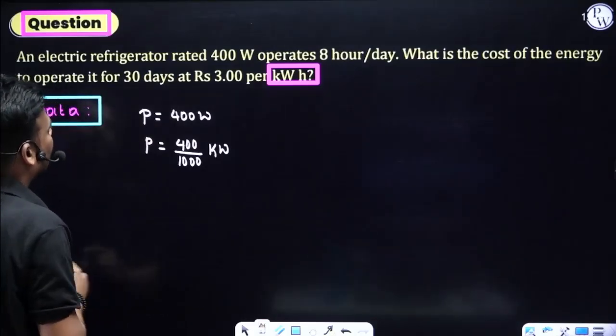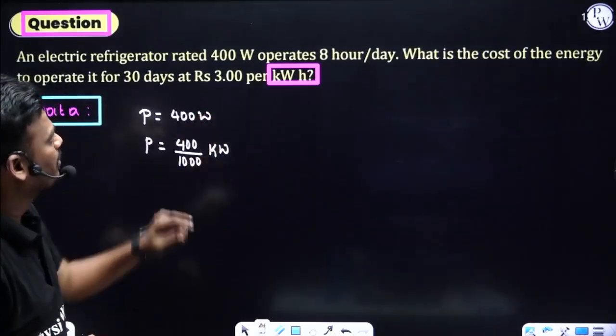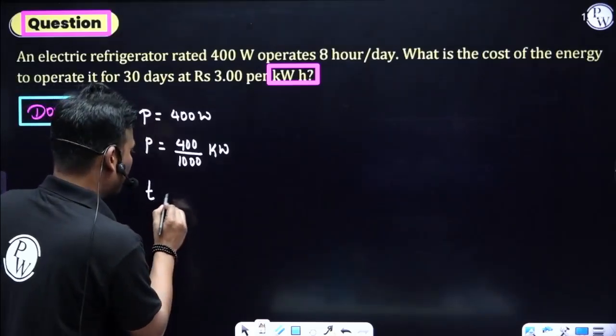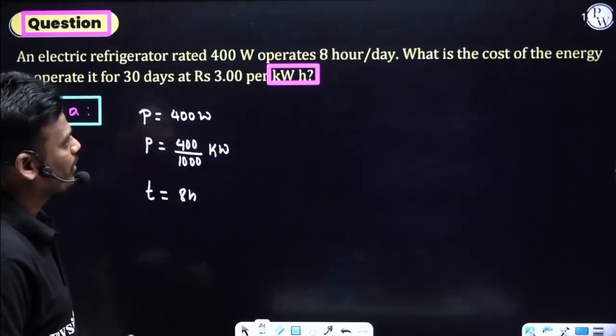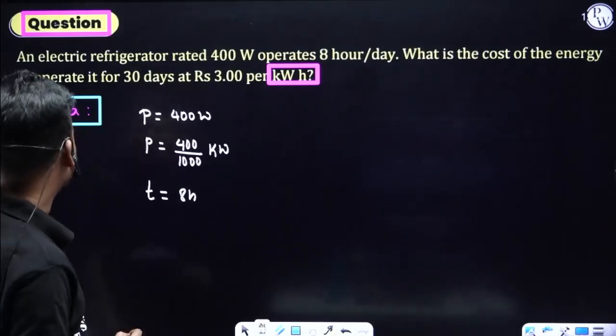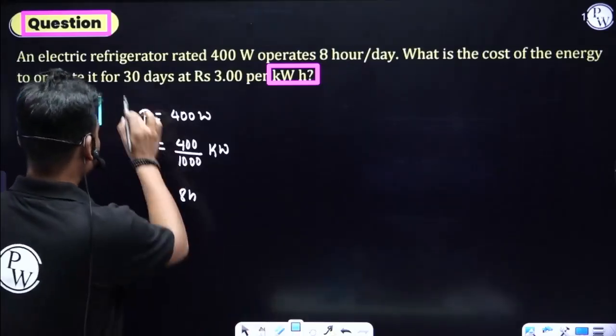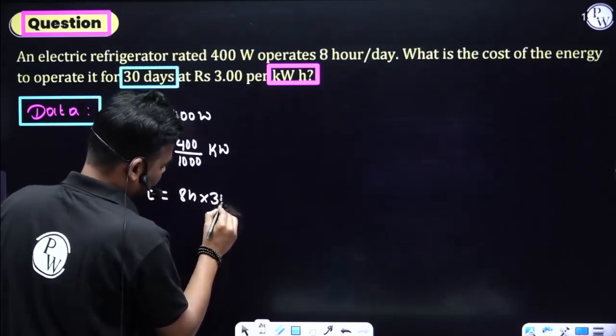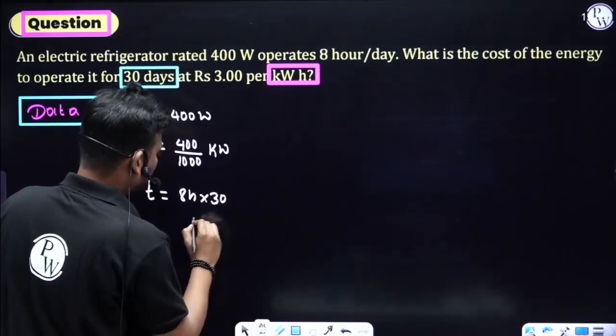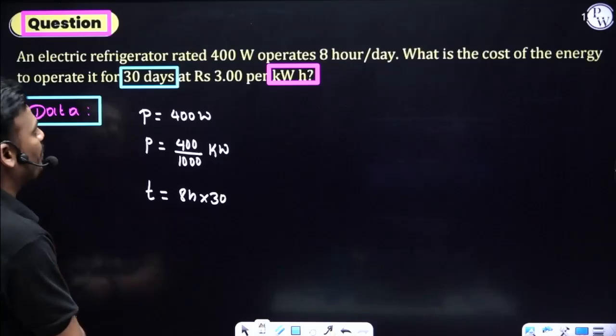Is that clear? Now next, time they have given as 8 hours per day. What is the cost of energy to operate for 30 days? Means into 30 days. So this is the time, and the rate they have given is 3 rupees.